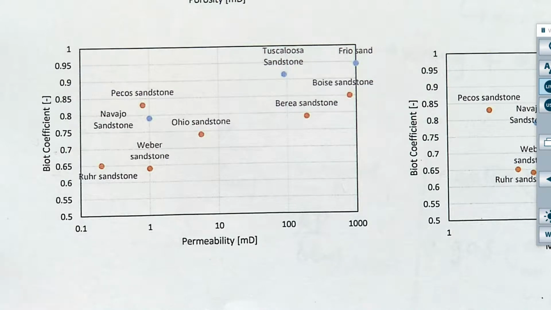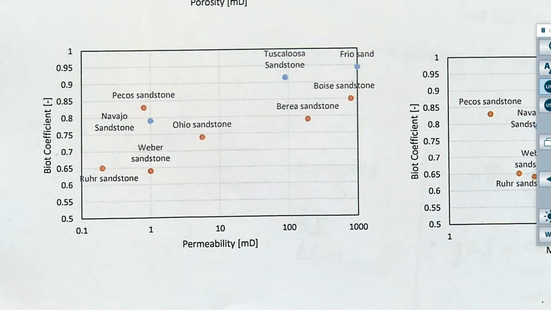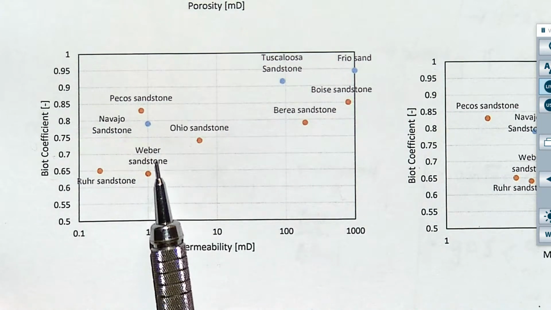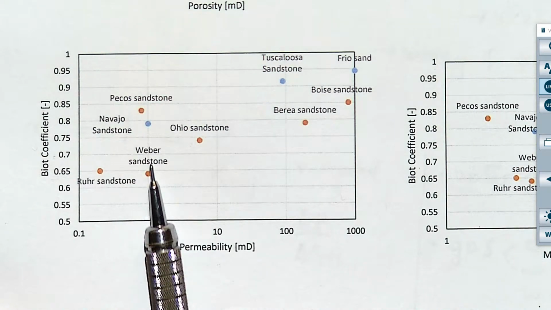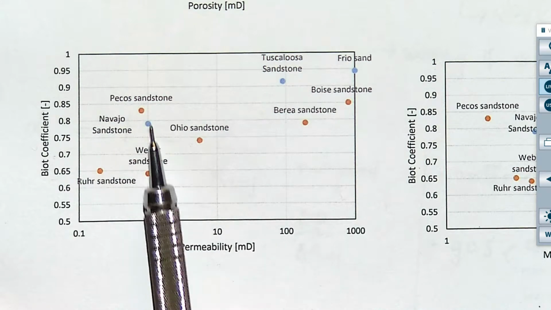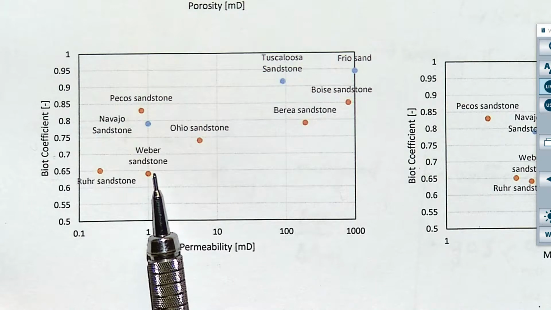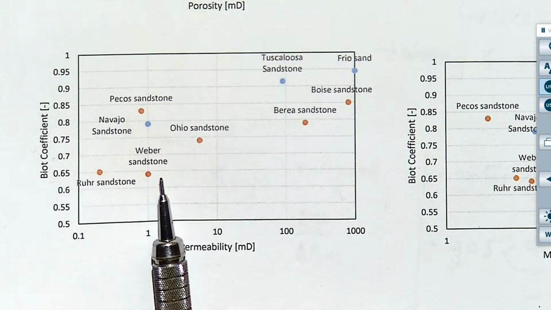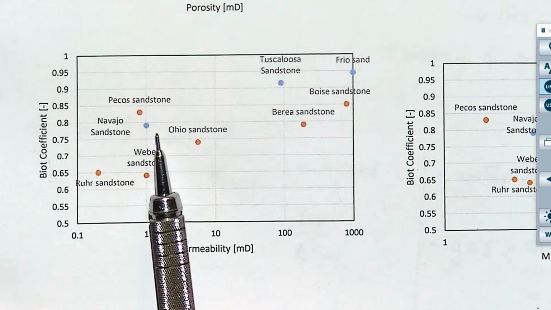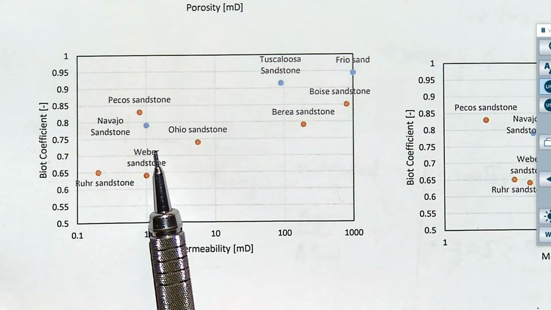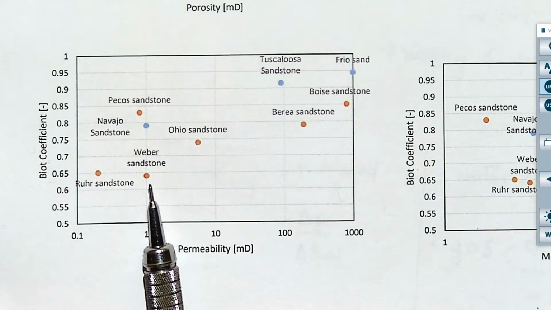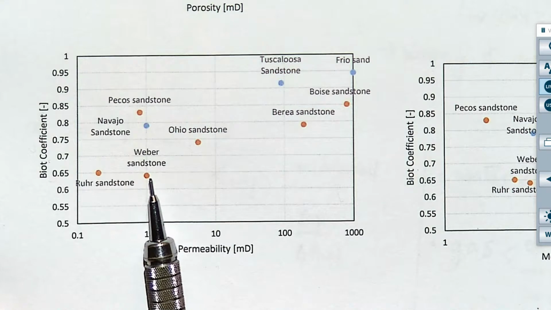Something I wanted to notice here is that, for example, here we have two rocks with quite different Biot coefficients, and this is because we have a difference in these two rocks. So Pecos sandstone, let's just look at Pecos sandstone and Weber sandstone.